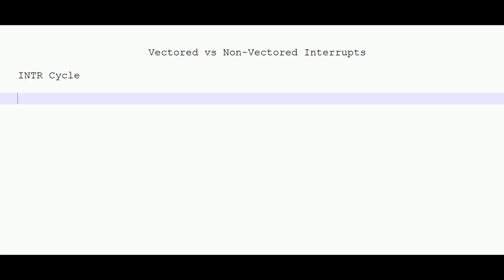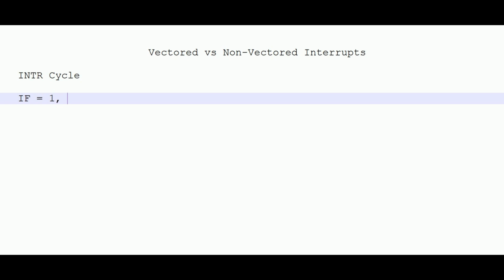Now, when an interrupt request is made through the INTR pin, and if the interrupt is enabled or unmasked, you remember by which flag bit we can unmask all the interrupts. There is one interrupt flag, the IF flag, and if the interrupt flag is set to 1, the microprocessor will recognize the interrupt request from the peripheral.